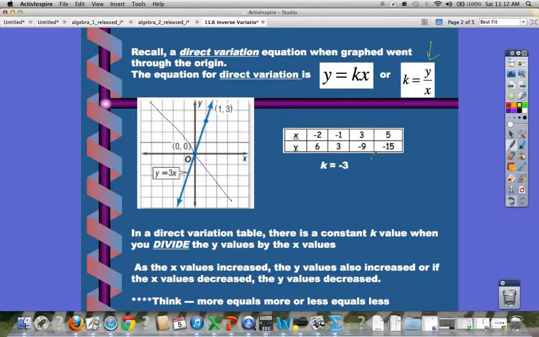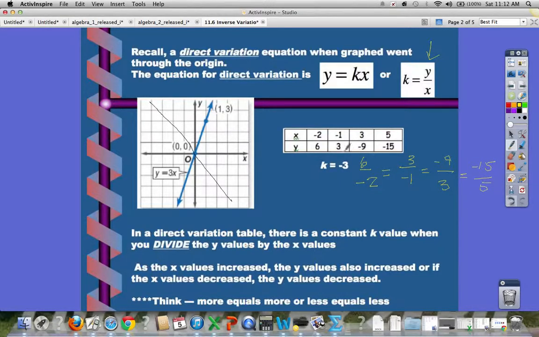So if I took 6 divided by negative 2, is that equal to 3 divided by negative 1, is that equal to negative 9 divided by 3, is that equal to negative 15 over 5?